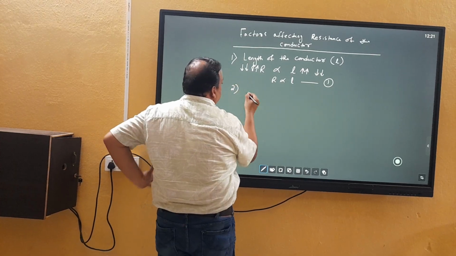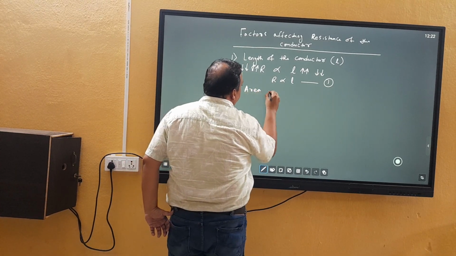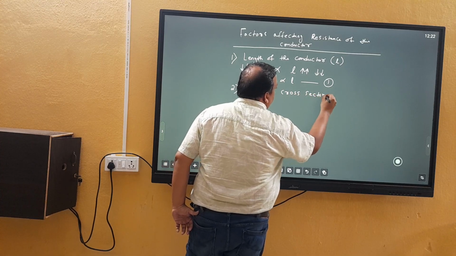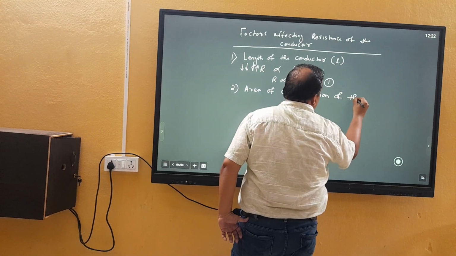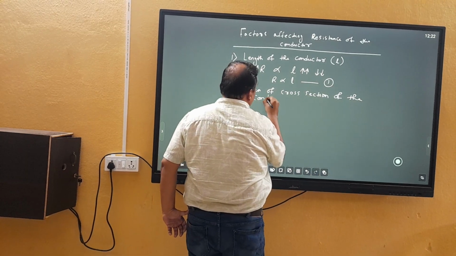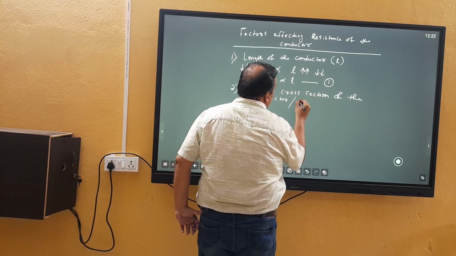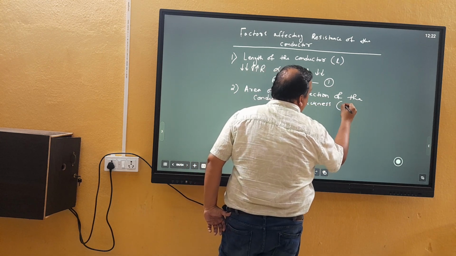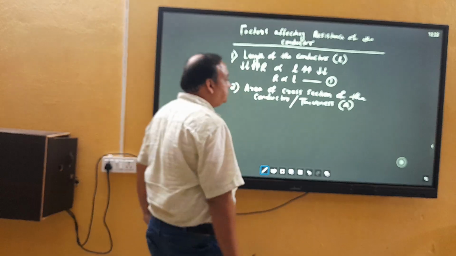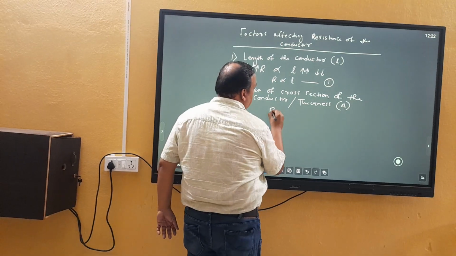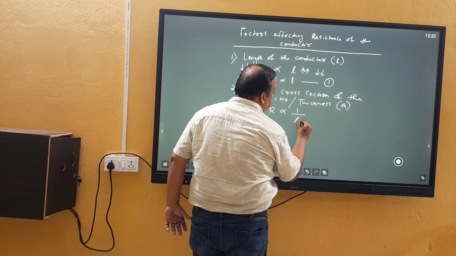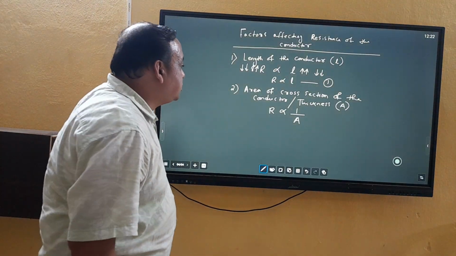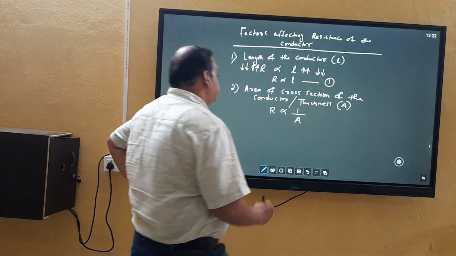Number 2, area of cross section of the conductor, or thickness. That is A. The resistance is inversely proportional to area of cross section or thickness of the conductor.